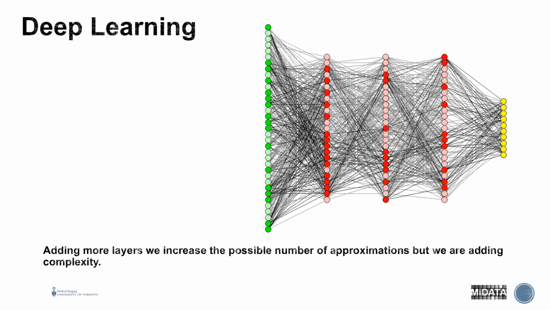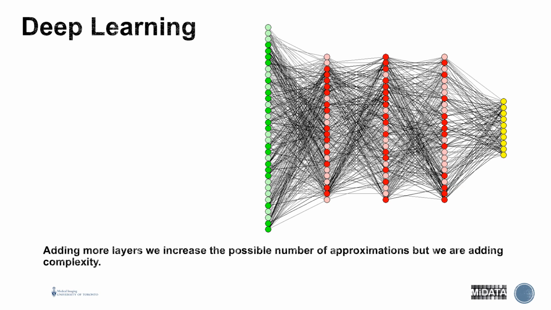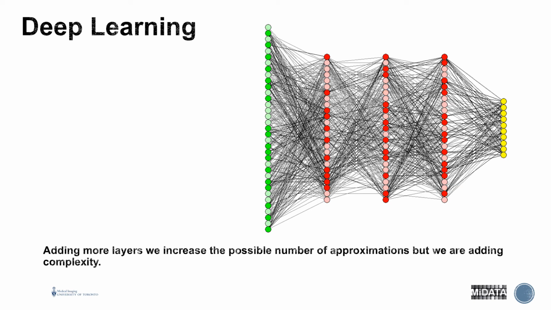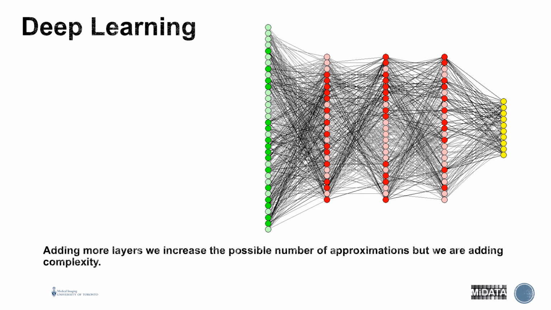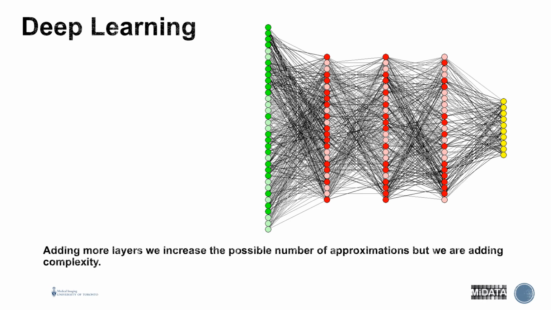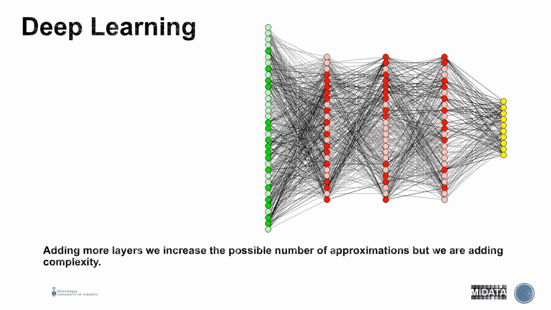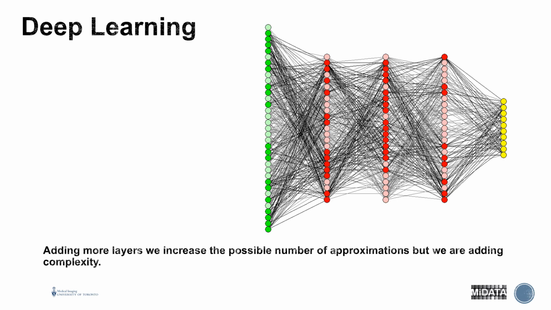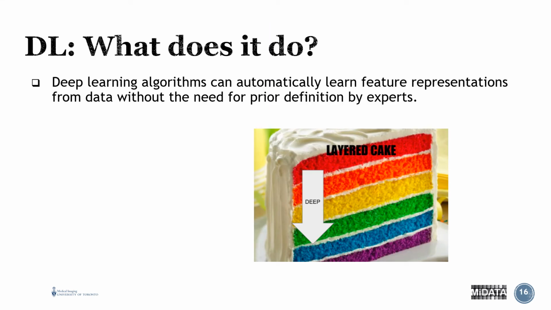So let's go back to deep learning a little bit. We've mentioned before, if you look at the artificial neural network and you start adding more middle or hidden layers, we are now into deep learning. By adding more layers, we increase the possible number of approximations, but we are also adding complexity to our algorithm. With complexity comes the problem of having to successfully train your model.